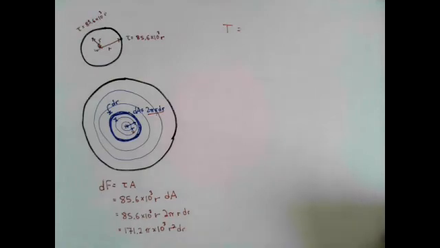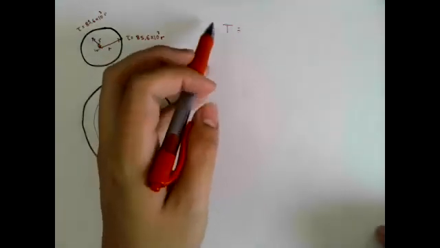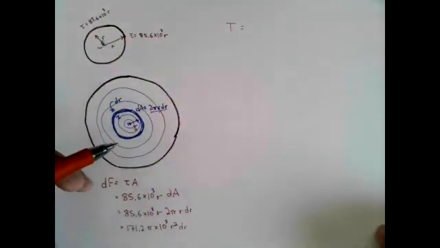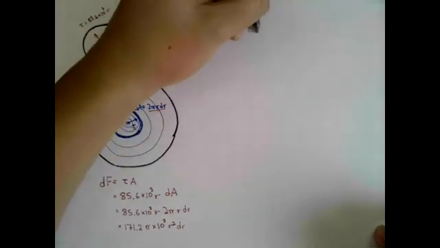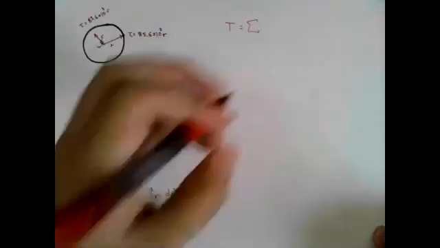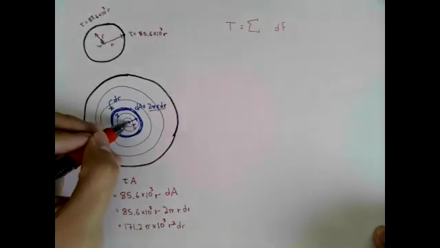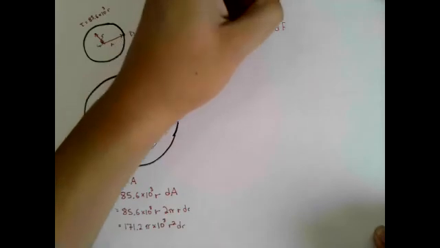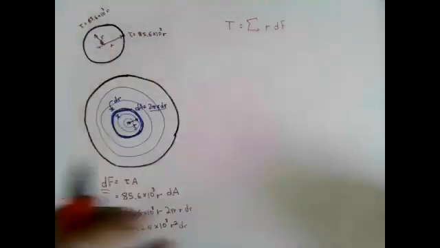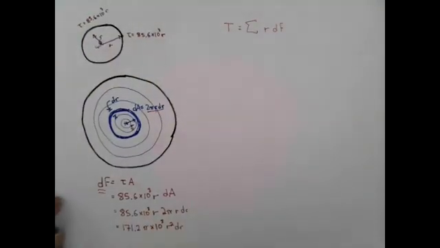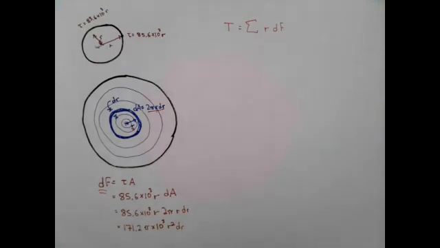That means that the total torque in this disk should be equal to the sum of all the little forces dF times the distance r between the center and that little force dF. So in order to find the torque, I have to add up my force dF times my distance r.